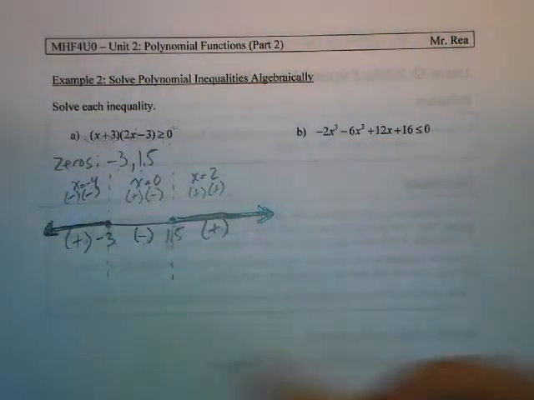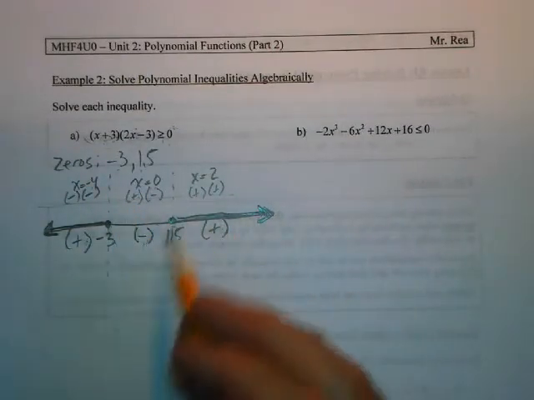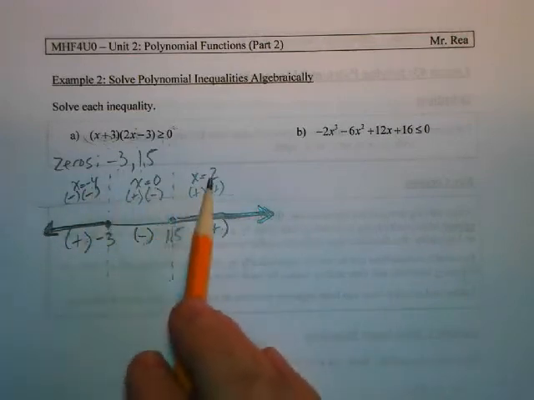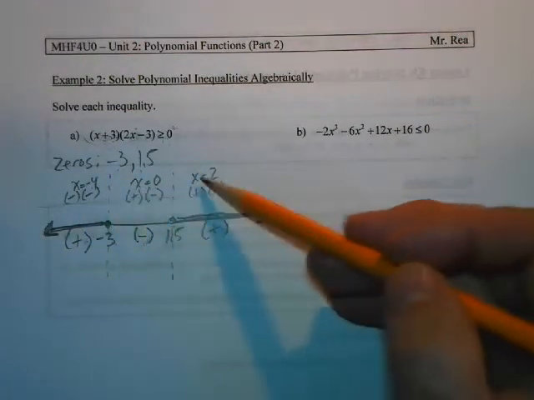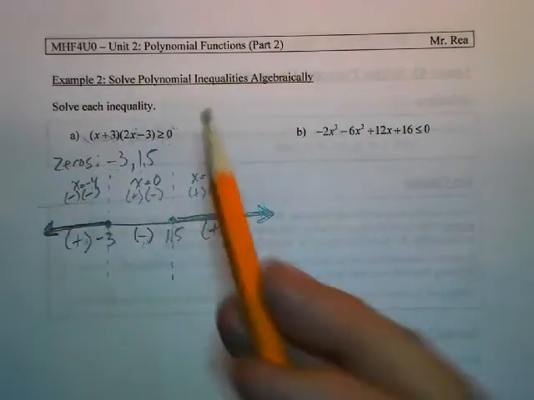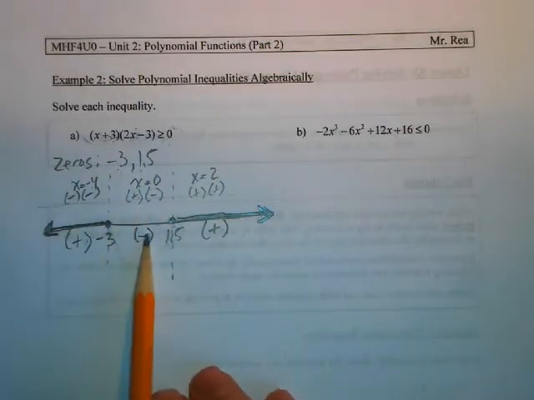So that's basically a number line approach, but we're working with each interval. We pick any test value for x in each of the intervals, plug it into the factors, see what the sign of each factor is, and then overall what's the sign of that interval.